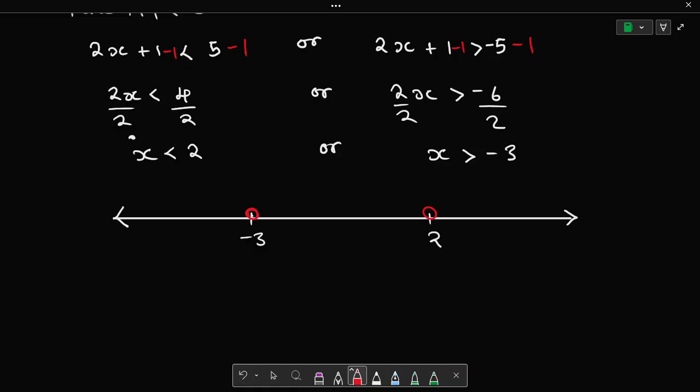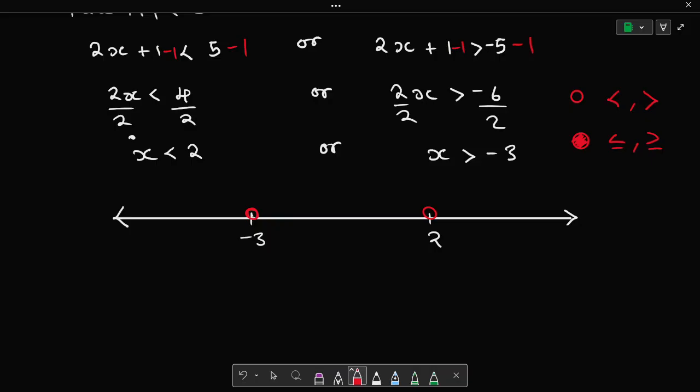Since we have a less than and a greater than, and we said that an open circle is used when you have a less than or a greater than, and a closed circle is used when you have a less than or equal to, a greater than or equal to. So in our case, we have less than and a greater than, so we'll use open circles.